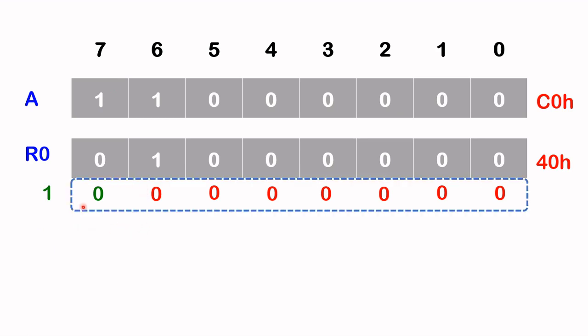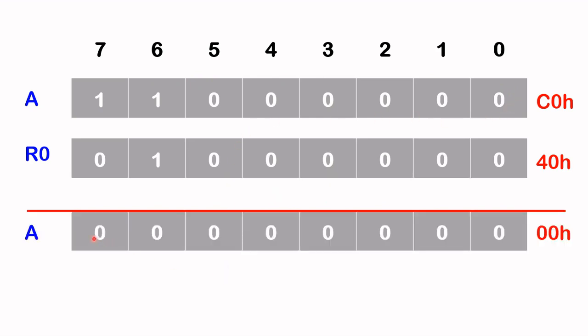Now the result of the addition will replace the contents of register A. So we should see in register A, after the addition, 00 hexa, which translates into binary 8 zeros.